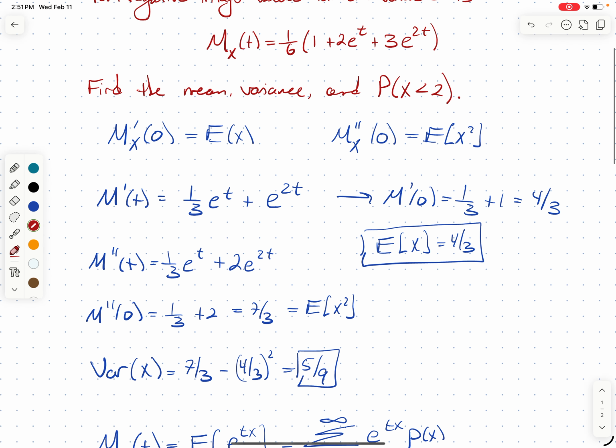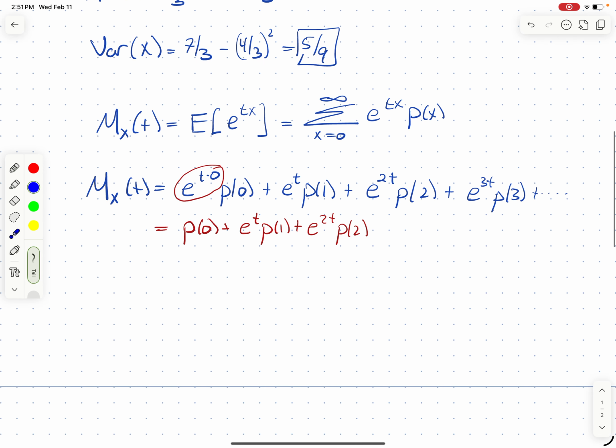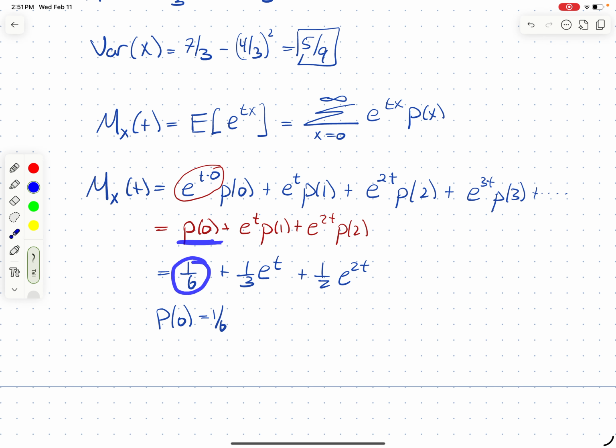And if you look back at our MGF, we stopped at e to the 2t. So that's actually all that we need. We don't need to write the other terms. In fact, we know what those probabilities are. So this is equal to our function, and our function was 1 over 6 plus 1 over 6 times 2, so that's a third e to the t plus a half e to the 2t, and all of a sudden I can tell you the probability that x is 0 is a sixth, because that's the constant term, and the constant term is p of 0.